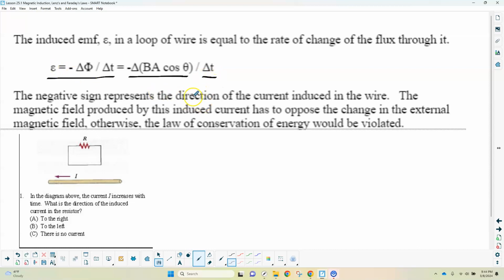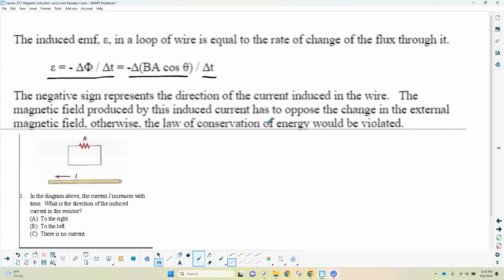The negative represents the direction of the current induced in the wire. The magnetic field produced by this induced current has to oppose the change in the external magnetic field. Otherwise, the law of conservation of energy would be violated. So that's that idea that the direction of the current has to induce a field that opposes the changing field.